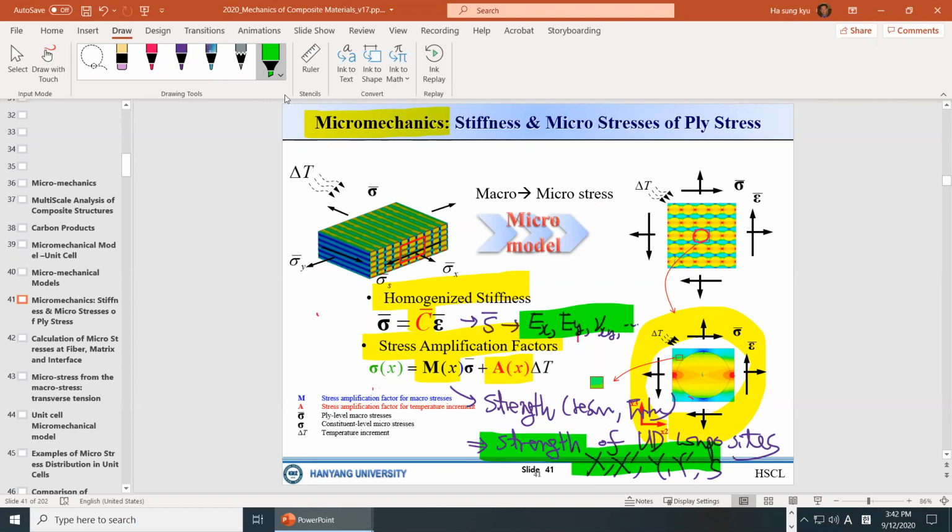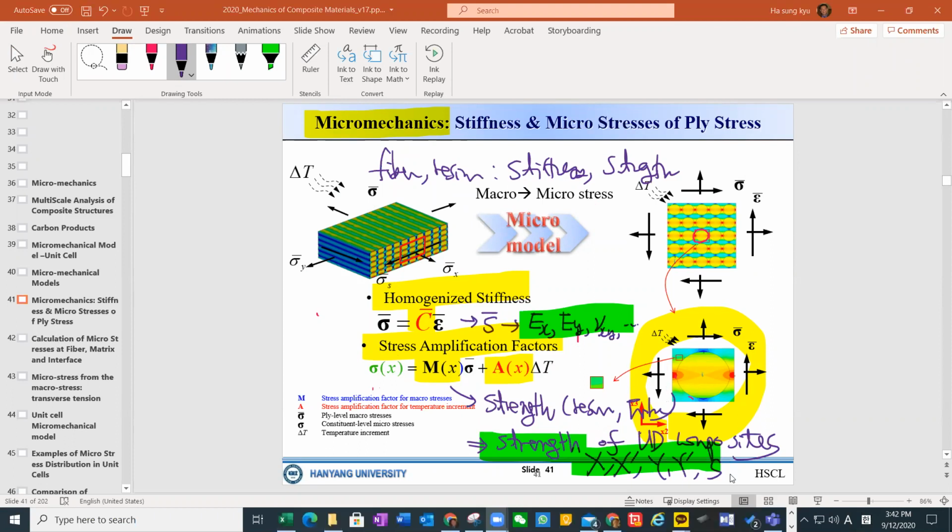What are the input values? Well, the input values will be the fiber and resin stiffness and strength. So these are very important concepts. Again, we don't have to use this fancy micromechanics.